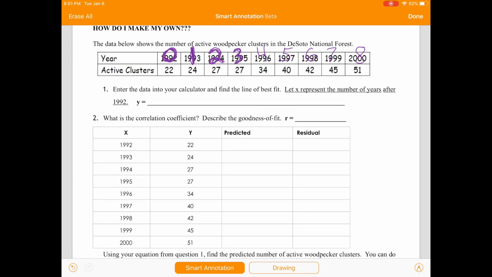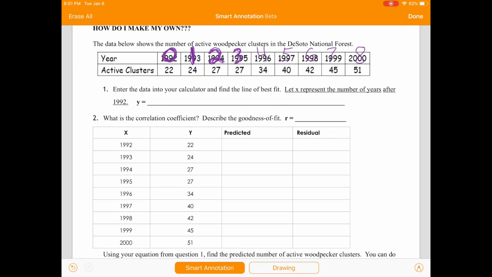Now, to enter the data into your calculator and to find the best fit, what you want to do is go to second 0 and go to your catalog. Once you go to your catalog, you want to find diagnostics on, and you want to hit enter until it says done.